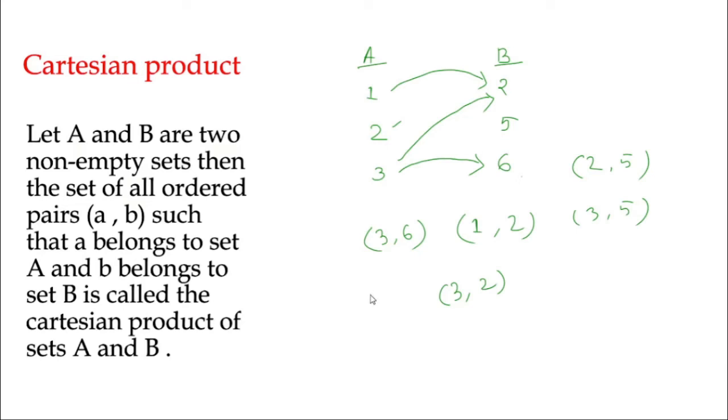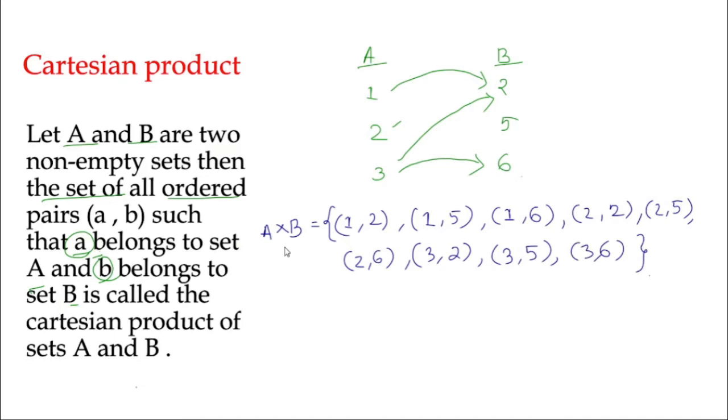That set is called the Cartesian product. Or in other words, if A and B are two non-empty sets, then the set of all ordered pairs (a, b) such that the element a belongs to set A and the element b belongs to set B is called the Cartesian product of sets A and B.